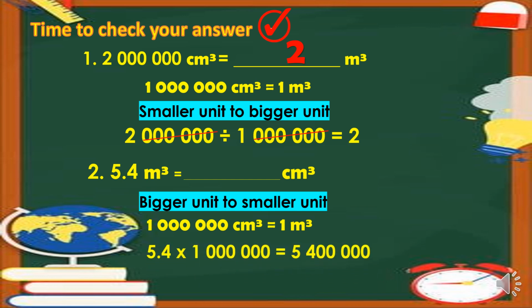So we are going to multiply. So 5.4 times 1 million, the answer is 5,400,000. Okay, so that means 5.4 cubic meter is equivalent to 5,400,000 cubic centimeter.